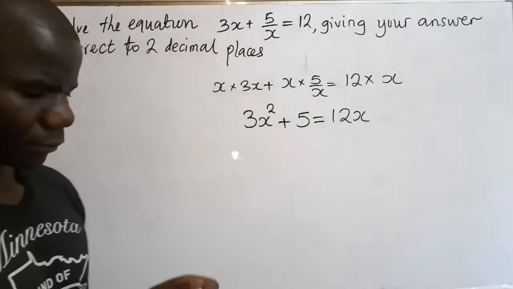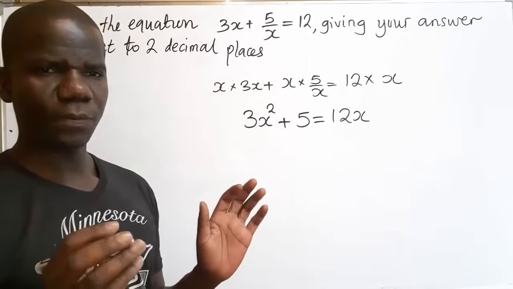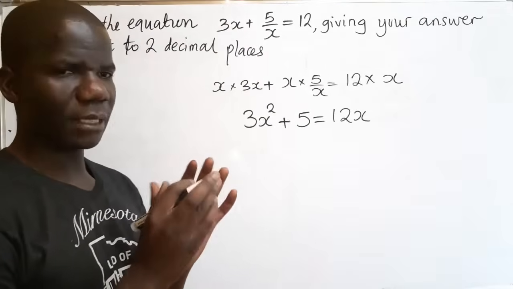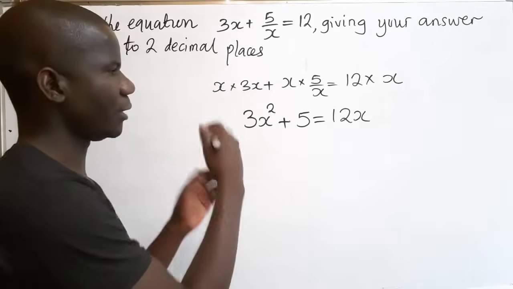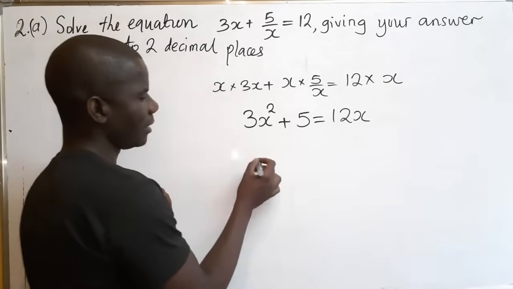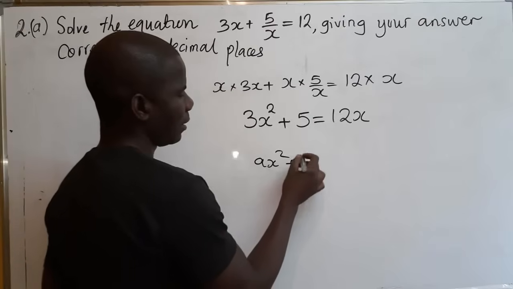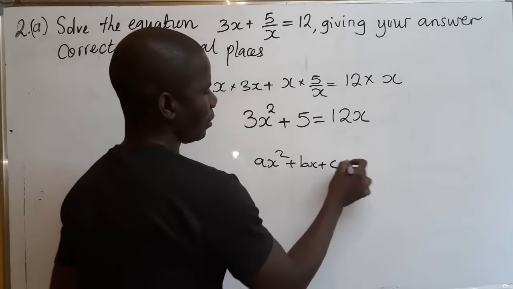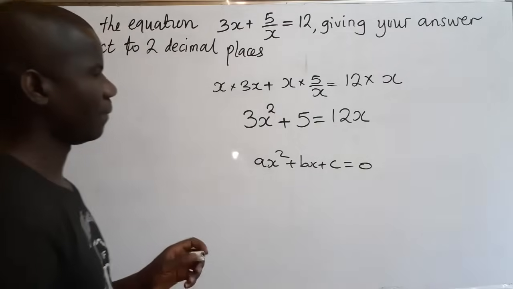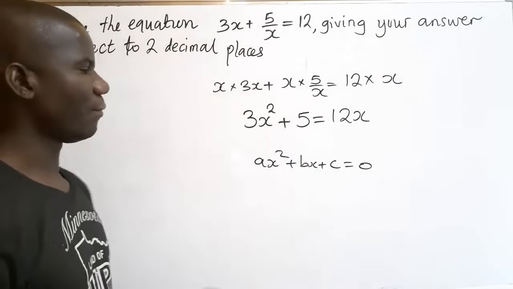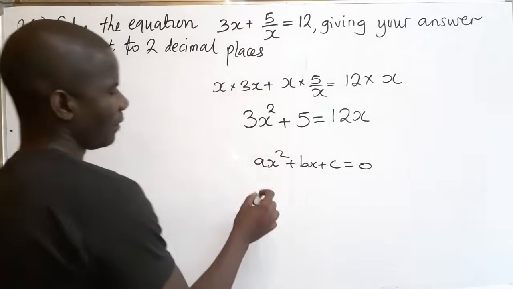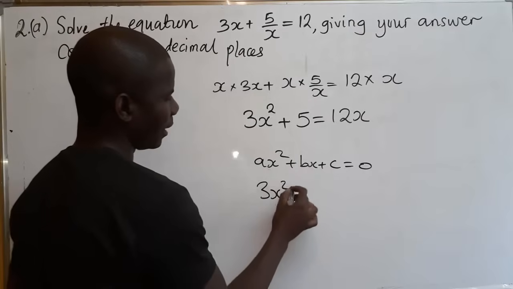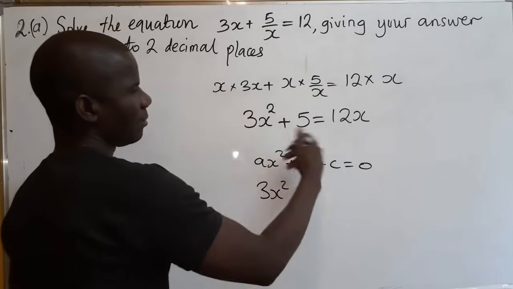Okay? So as you may know, the format of our quadratic equation, we need to rewrite this one so that we have it in this form. I'm sure this is what we want to have. So we're going to have now 3x squared. This one has to come the other side.